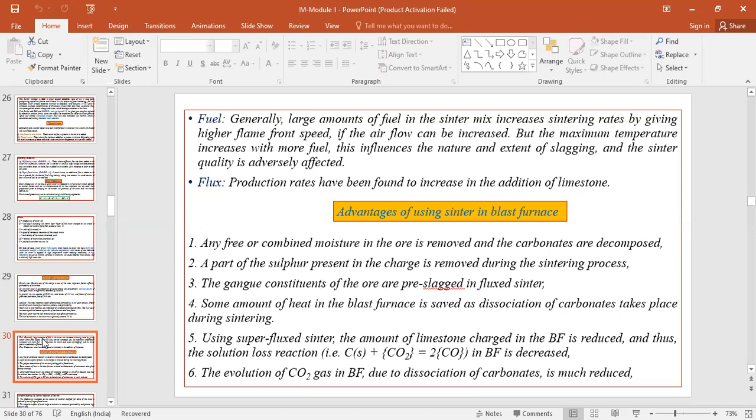Again, fuel also. The amount of fuel, the fuel consumption, the fuel rates are also very important. A large amount of fuel consumption may also lead to phase transformations. Then the reducibility of the sinter may be affected.